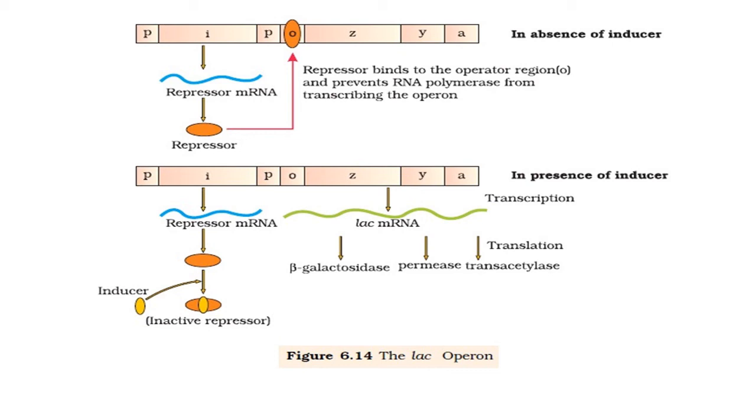In this figure you can see the repressor mRNA, the repressor unit, the inducer, the inactive repressor, and lac mRNA units. How does the transcription process initiate, and which units are involved in this mechanism.